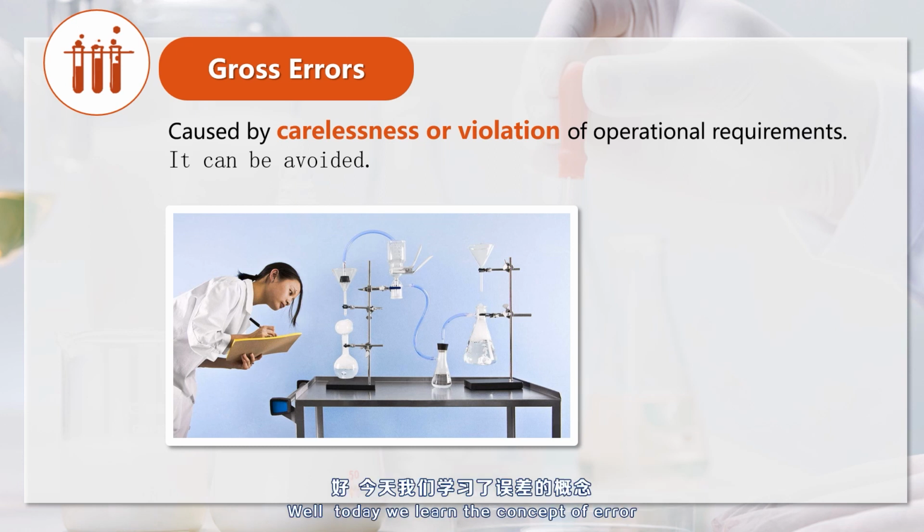Well, today we learn the concept of error and understand the sources and the regularity of the error, as well as the effective actions to reduce it, thus improve the accuracy of the analysis results.